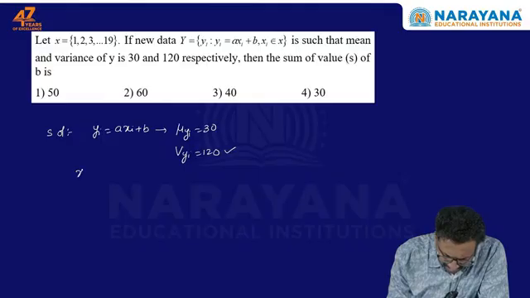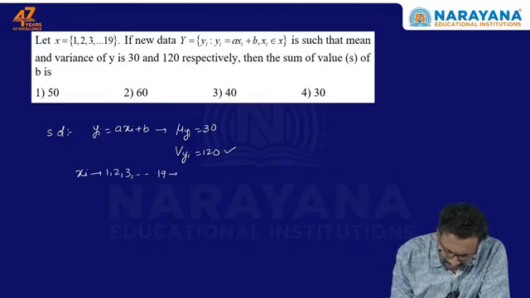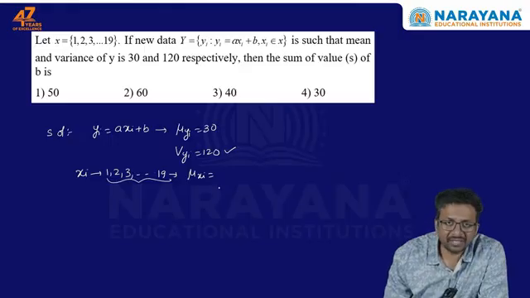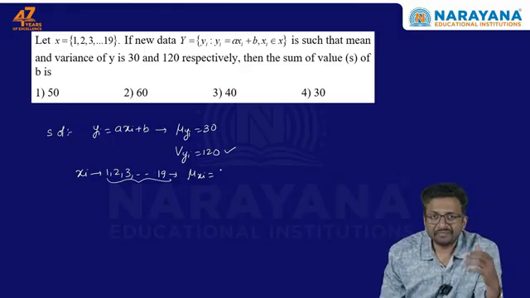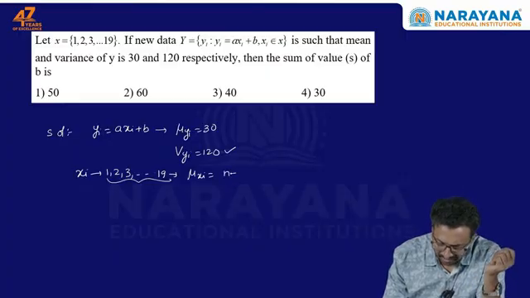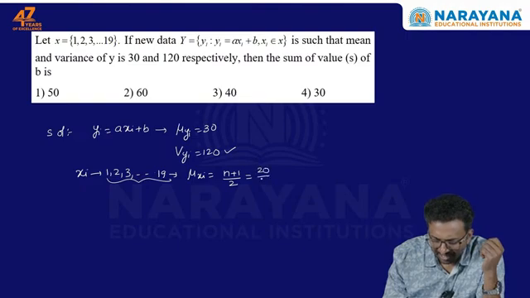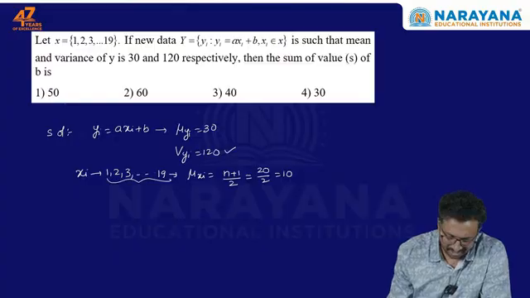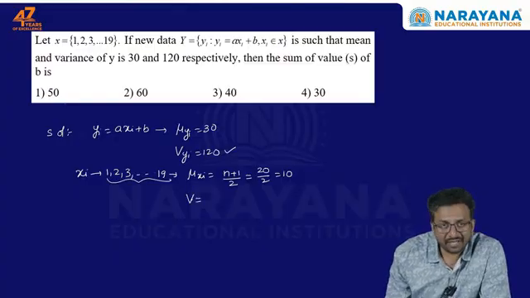If you take xi's as 1, 2, 3, and so on up to 19, what is the mean of xi? These are the first 19 numbers. For the mean of the first n numbers from 1 to n, you have a direct formula, which is n plus 1 by 2, which is 20 by 2, equal to 10. So the initial mean is 10. So what is the initial variance?